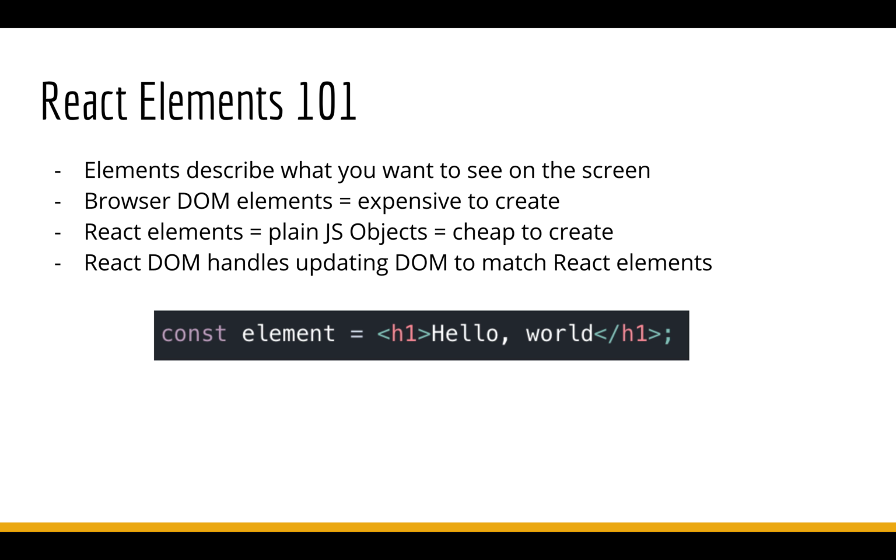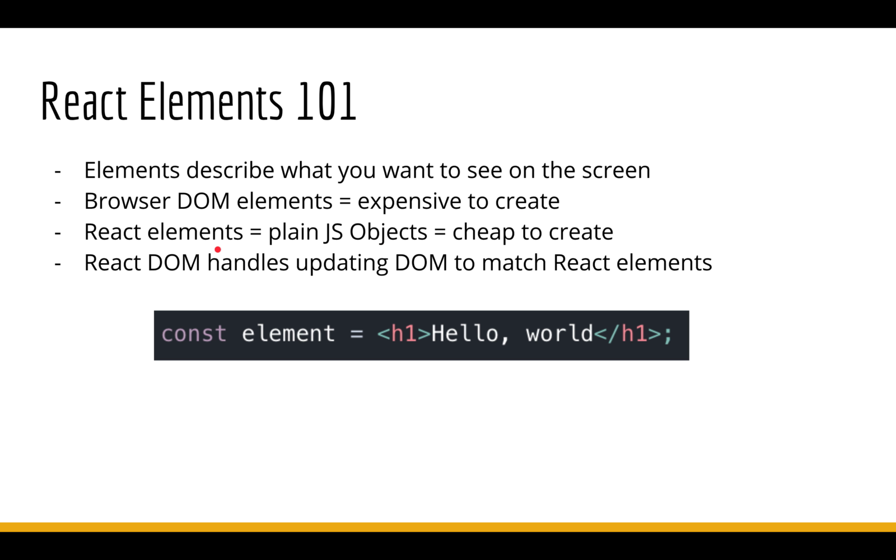So the first thing I want to go over is what exactly a React element is. We've been talking about this for a while, and I haven't really defined the term. A React element is something that describes what you're actually going to see on the screen. It's important to realize that browser DOM elements, for example an H1, are relatively expensive to create and actually put on the DOM.